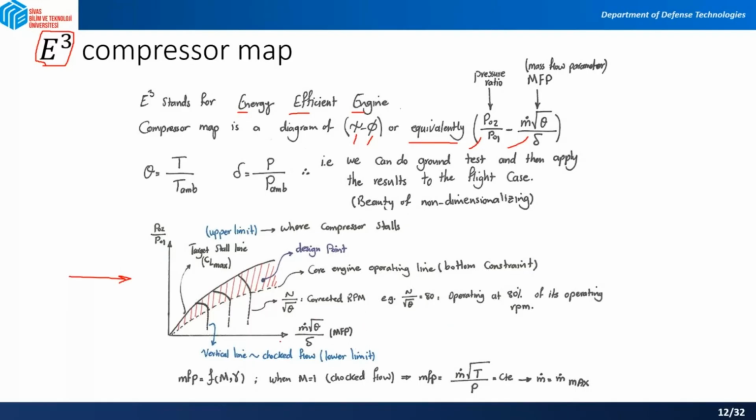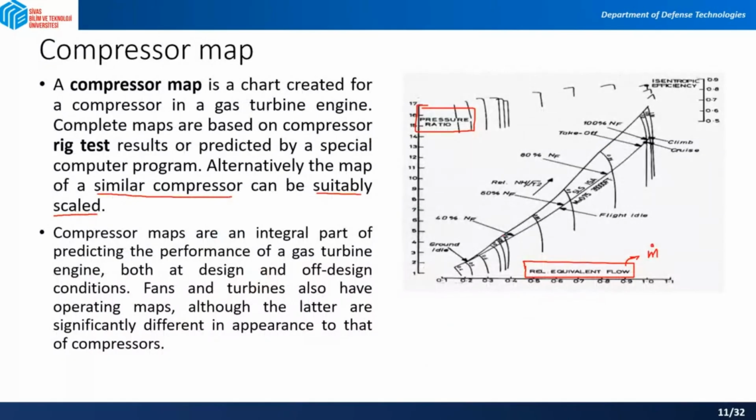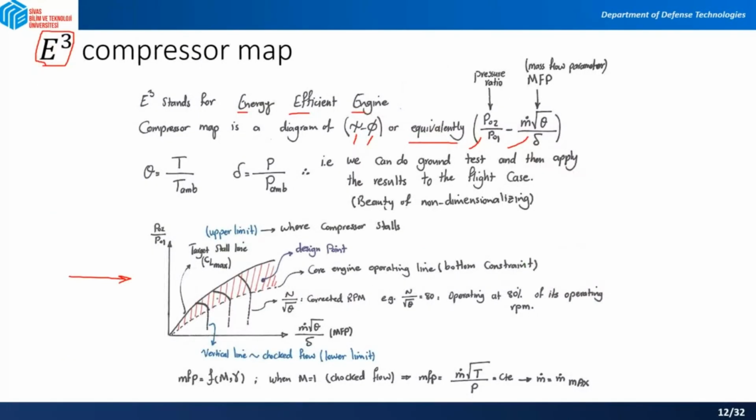This is a real case, a typical plot. Just as in a real case, you're seeing some curves like this. Let me show it with the laser pointer. You are seeing some curves like these curves.